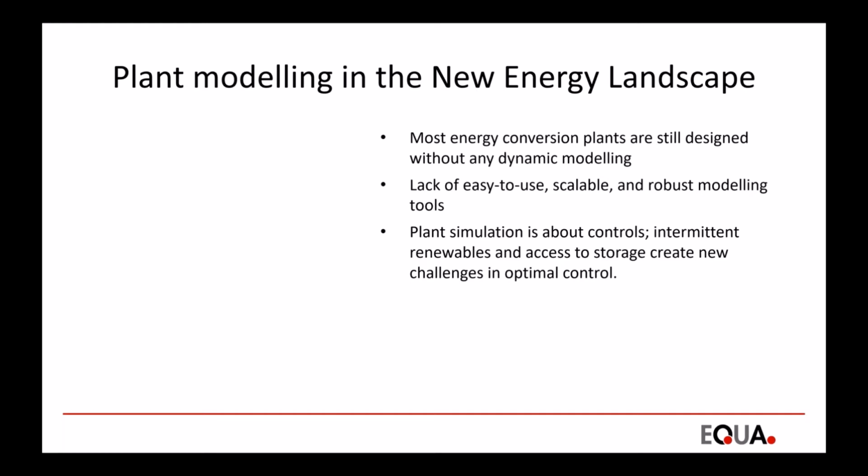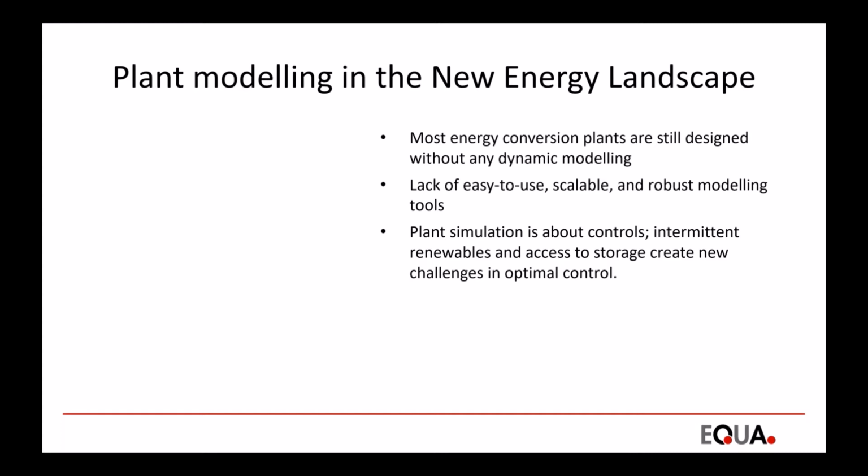One thing that is quite often overlooked when you look at a plant schematic is that you just think about the plant itself. But the main reason for simulating a plant is perhaps not to look at the static behavior of the plant, but more to look at controls and see what this plant is going to be exposed to over a whole season. So the focus is very much on controls for finding motivation for selling projects around plant modeling.